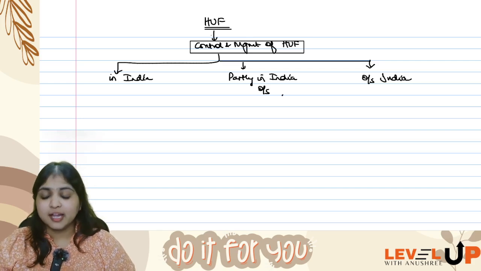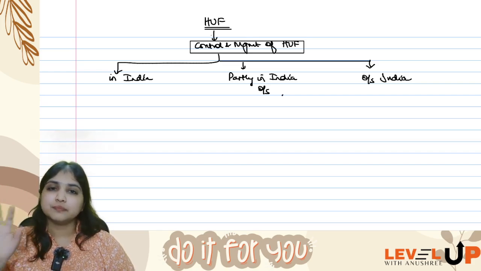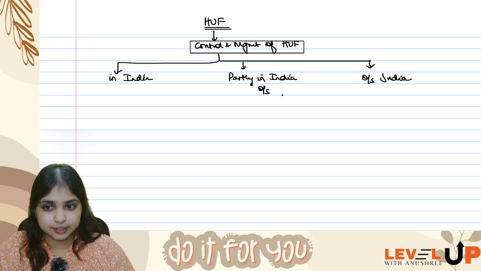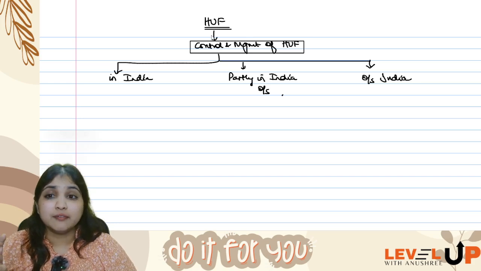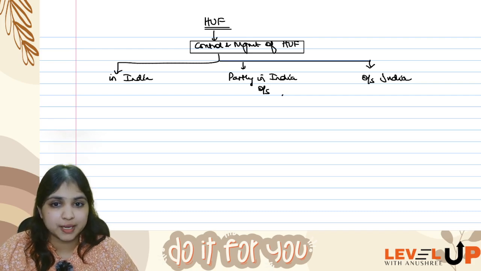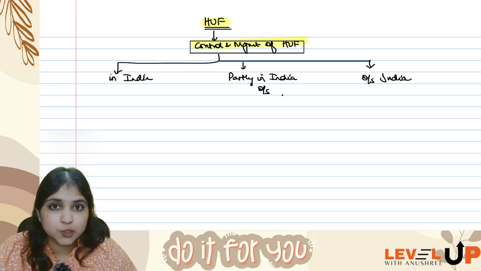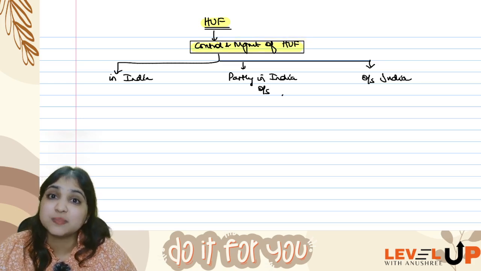The law says if even some control and management is in India, the HUF will become a resident. I'll repeat again. The whole discussion depends upon where the HUF is being controlled and managed from. Where are the decisions being taken?